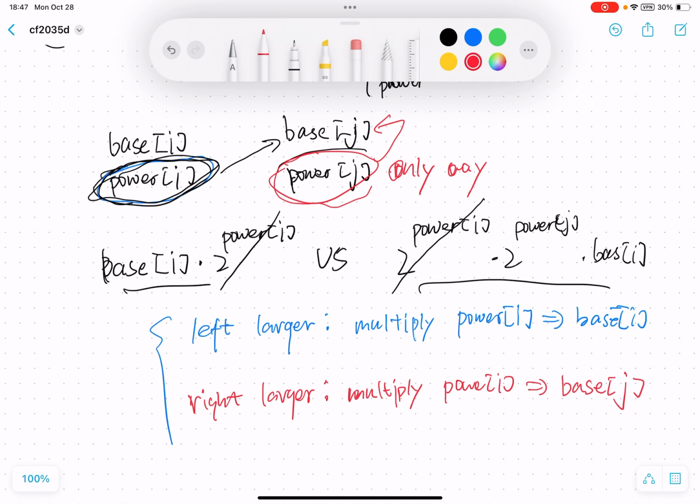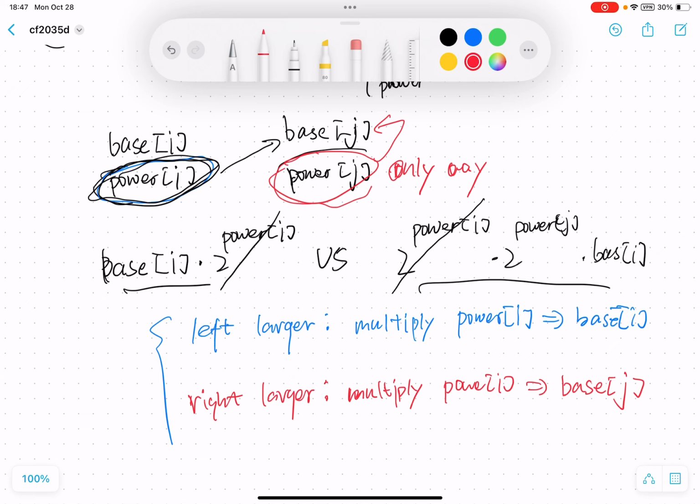This will make the sum of the array larger, because if the largest element in this array is larger, the sum of the array will be larger, because the largest one always contributes more than the other elements in this array. So this is the main strategy.